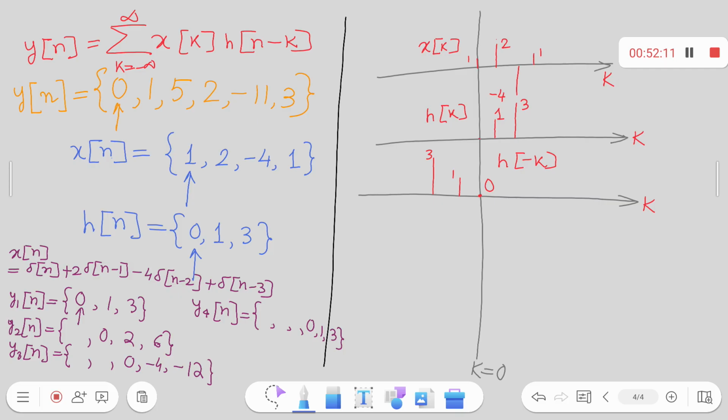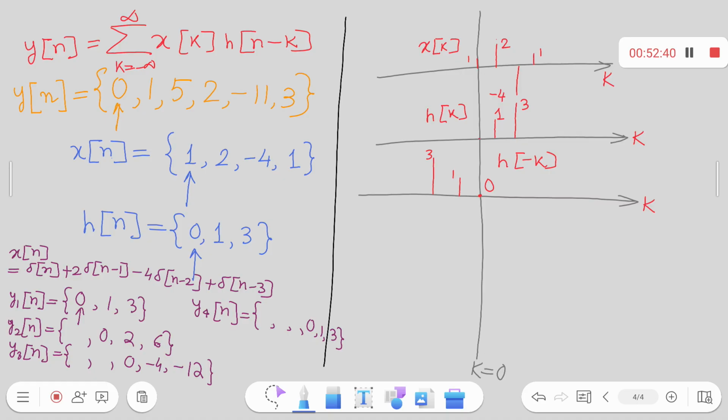So already you have one signal x of k, you have another signal h of k. So either you can represent in terms of h of n or h of k, x of n or x of k. So accordingly, the naming can be changed. Then what I am doing, I am just reflecting one signal with respect to k is equal to 0 and n equal to 0. Here I am reflecting h of k.